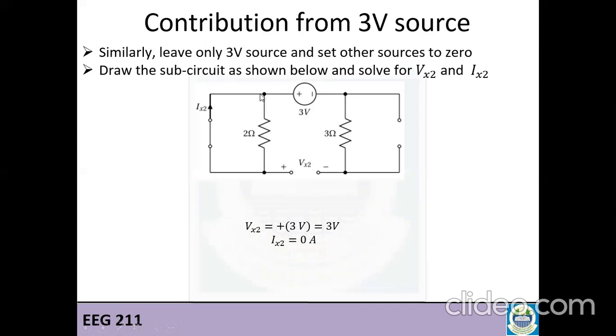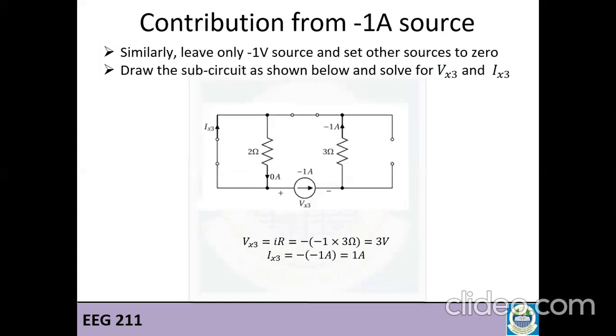It would just flow through the 3 volt source, through this resistor and back into this terminal, and since here is an open terminal, no current is actually going to flow.